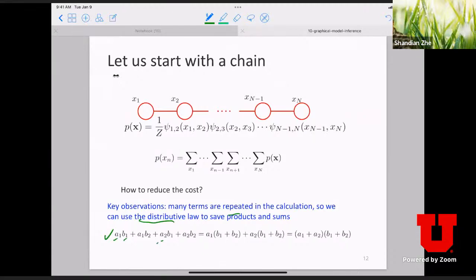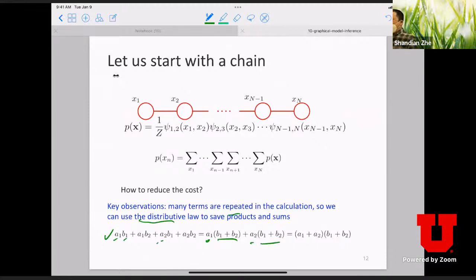So why don't we first fix the variable 1's value, say a1, then merge the terms which are going to be multiplied by a1, so we get b1 plus b2. If we fix the first variable's value to a2, we get the same summation.